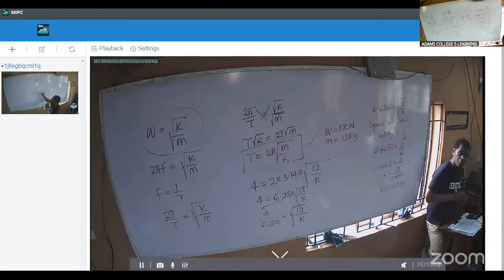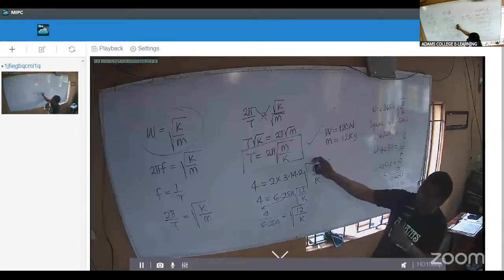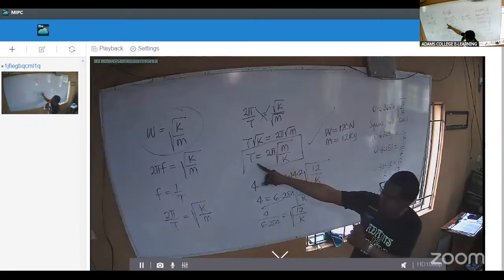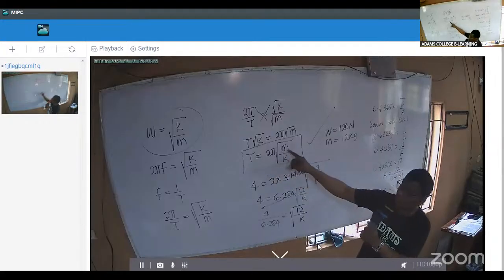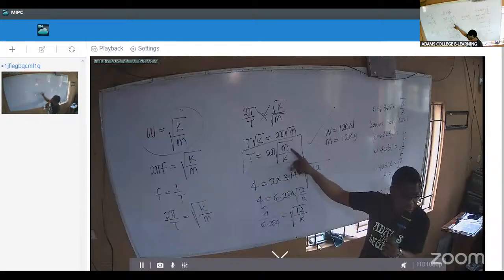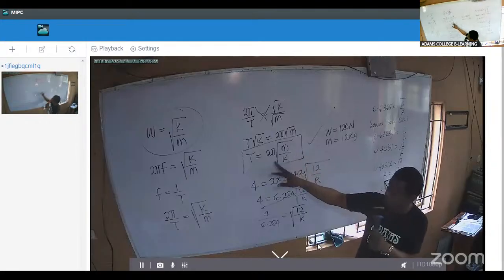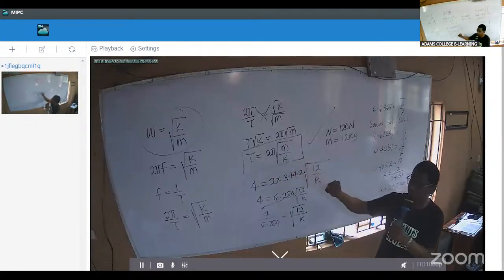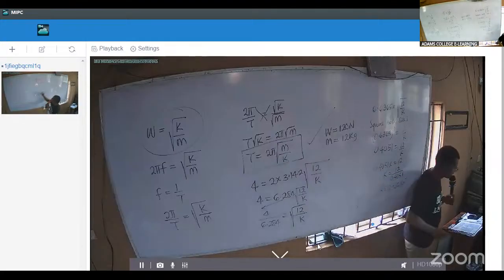Let's go. Next question. Are we through with this? Don't forget that formula. Some of you are writing exams tomorrow or Monday. Period is 2 pi. Many of you are used to 2 pi root L over g, and that's correct. But we also have 2 pi root m over k for a spring.